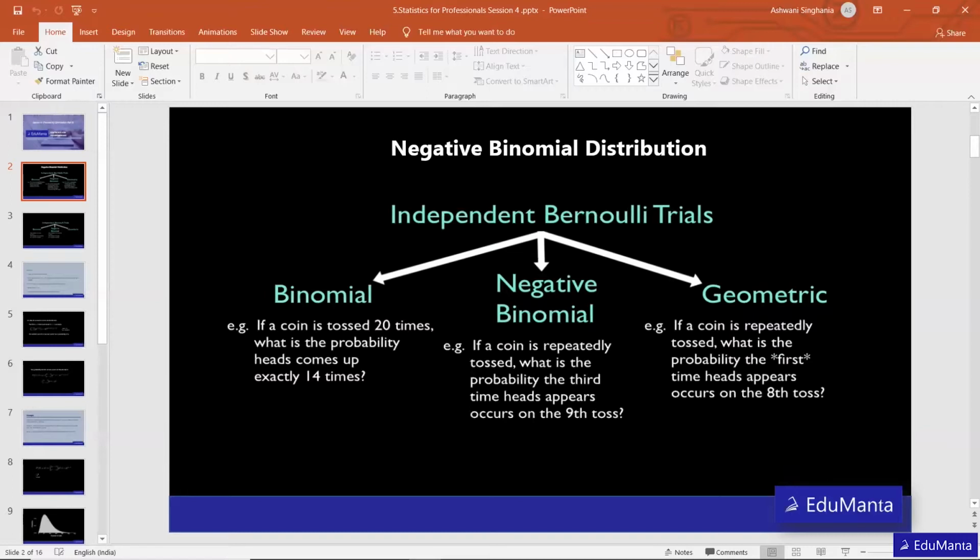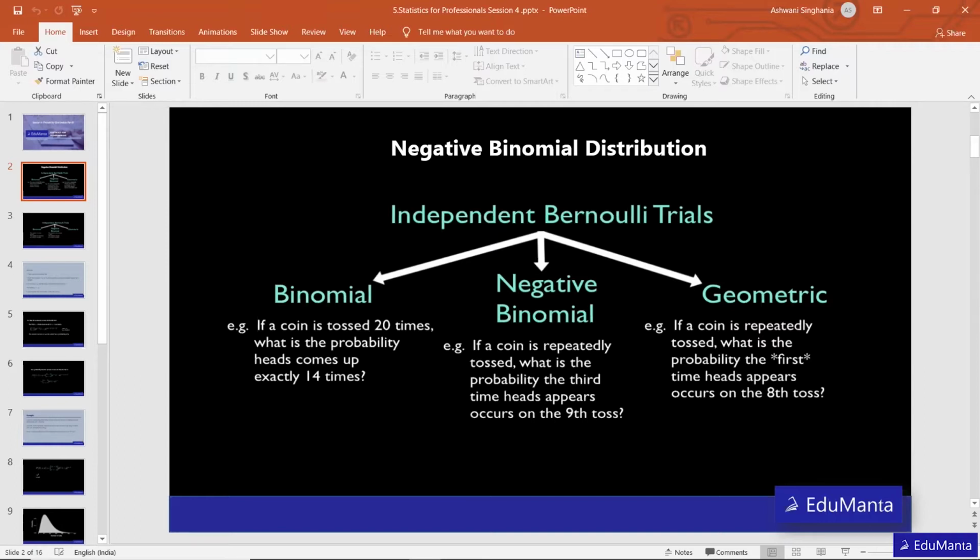Binomial distribution: if a coin is tossed 20 times, just remember the random experiment is fixed, that is 20 times. And the question is, what is the probability that head comes up exactly 14 times? So what is the variable over here? The success. We want head, so it will be a success.